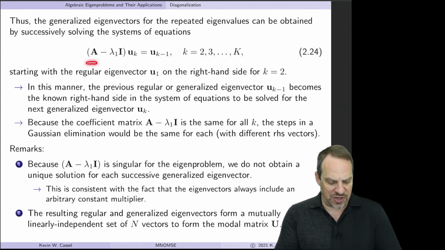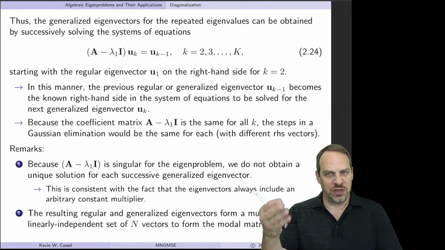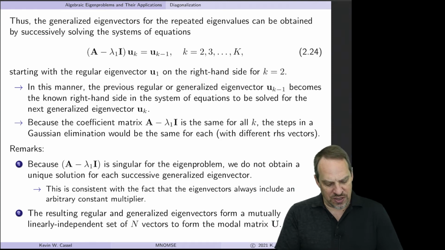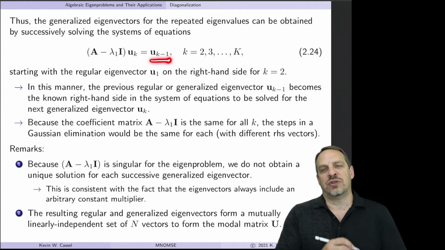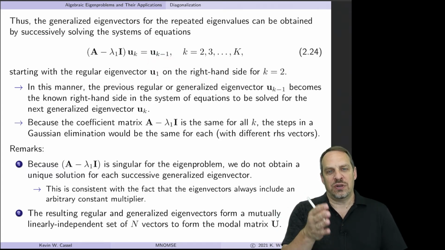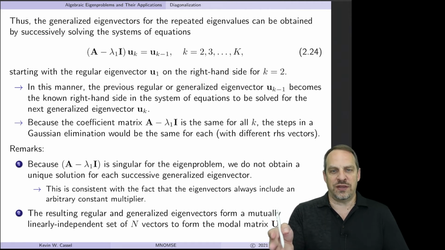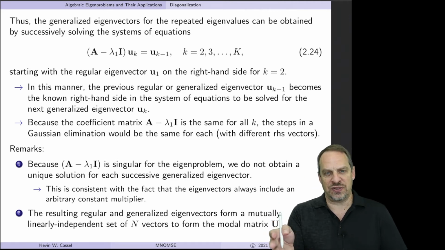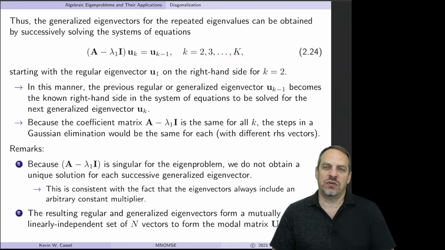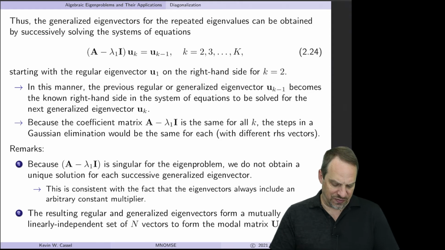We have (A - λ1 I), the same coefficient matrix, the same λ1 that's repeated capital K times, and then we're looking for the kth eigenvector, and to get that we need the (k-1)th eigenvector on the right-hand side. So again, for u2, the (k-1)th is the regular eigenvector u1 that we already have, and then we get u2, and then that becomes the right-hand side vector to get u3, and so forth until we have capital K regular and generalized eigenvectors.